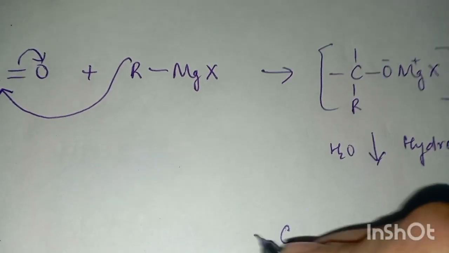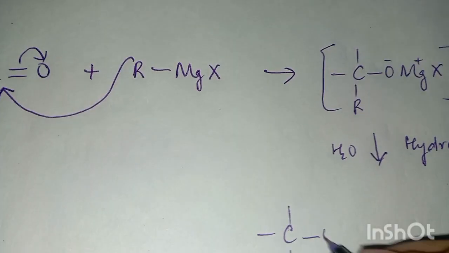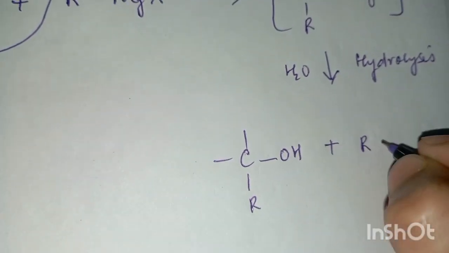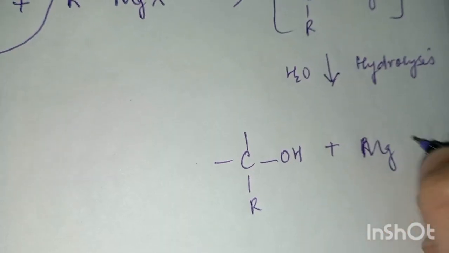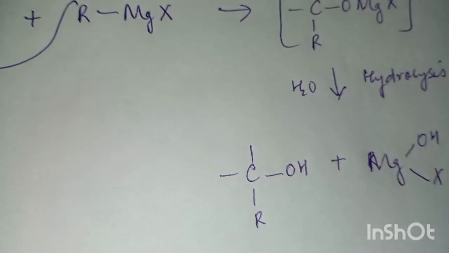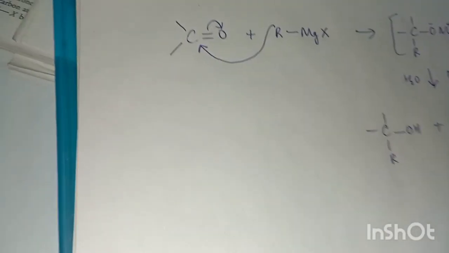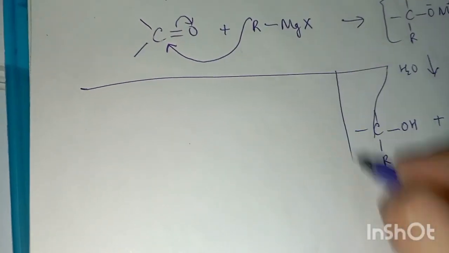So this is alcohol and MgOHX. Now different types of carbonyl compound lead to different products. For example, if we are taking formaldehyde, then what will be the product?